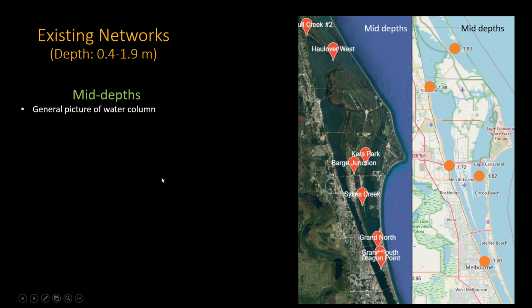Most of these mid-depth sensors are great for getting a general picture of what's going on in the water column. They're really great because they're providing continuous real-time data. And these are wonderful because it gives us the potential to respond. If we had things like aerators, we could watch this data, watch a hypoxic event forming, and go turn on those aerators and do something about it.